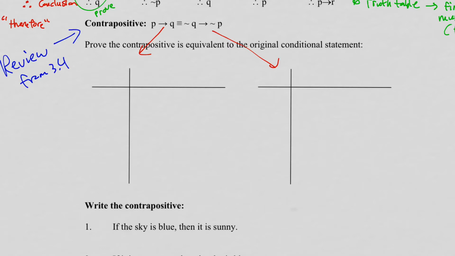So pause the video and complete the truth tables, and I'll unpause it in a few seconds, and you will be able to check your answers, so that way we can just move on.